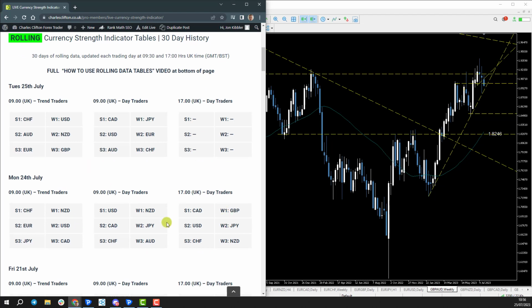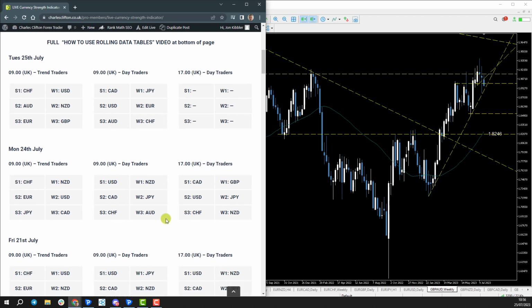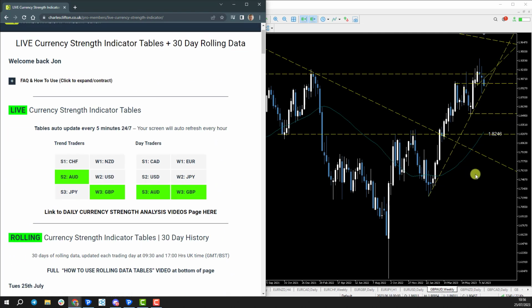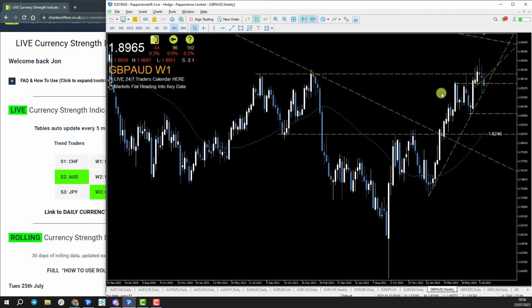There was only one time where they both were not featured, or were on the wrong side of the tables, I should say, and that was when Aussie did appear as weak, but pound on the evening did feature as weak as well, and Aussie had moved away at that point, so we held the position, and we've now seen it reappear. So pound Aussie is still on the table, still going, and we're about 80 pips or so up on this current market move.